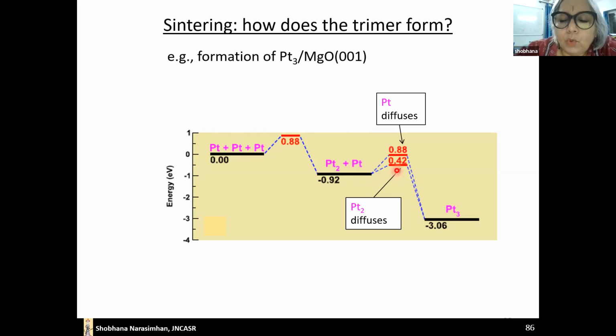The platinum 2 could diffuse, or the platinum 1 could diffuse. And in the particular case of platinum, the barrier is lower for the dimer to diffuse than for the monomer to diffuse. So this is more likely to happen than for this to happen.